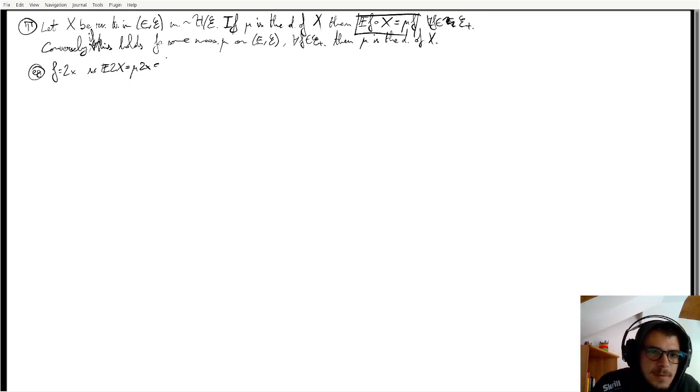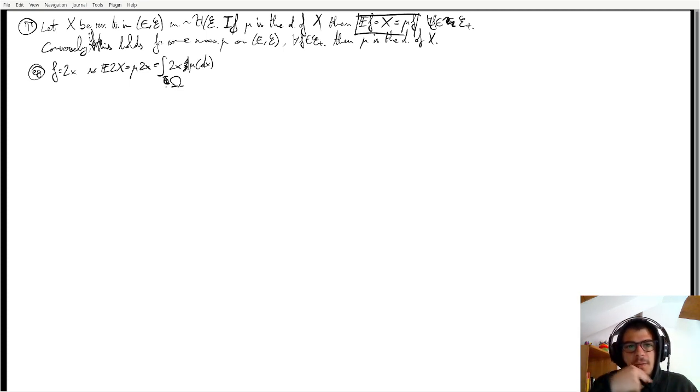In other words, the integral of 2x using the measure mu, well, let's write it like this, over E, or over omega, I think, because the random variable is integrated over omega.